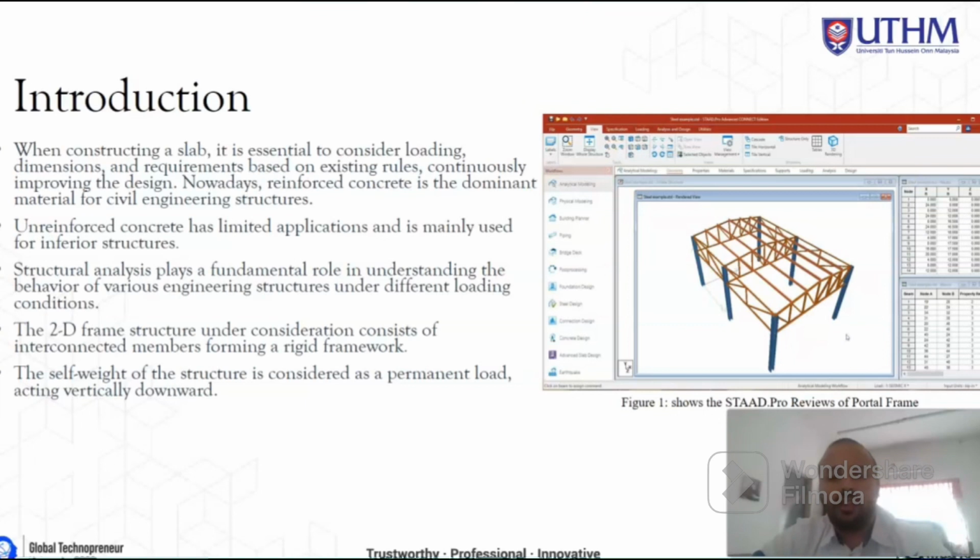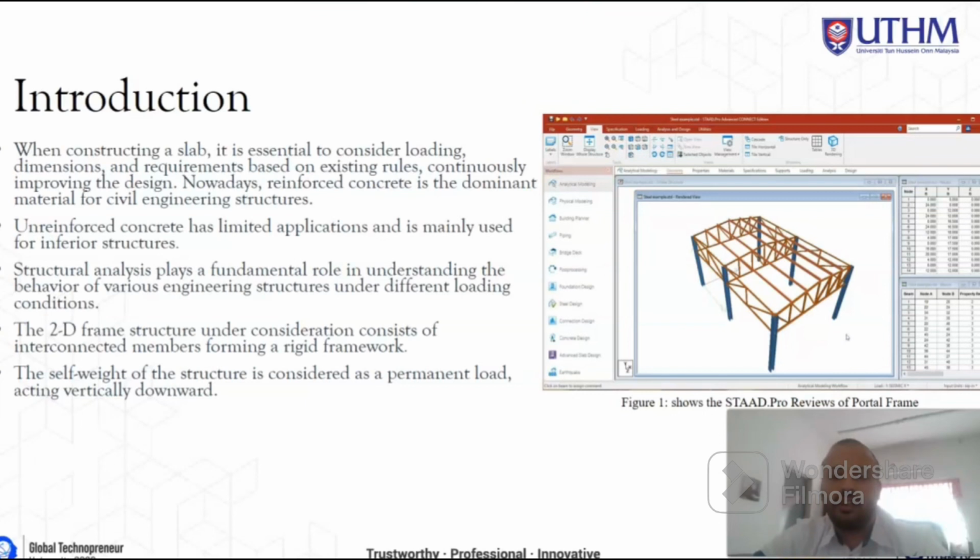By employing software analysis such as StatPro, engineers can evaluate the response of structures and make informed design decisions.